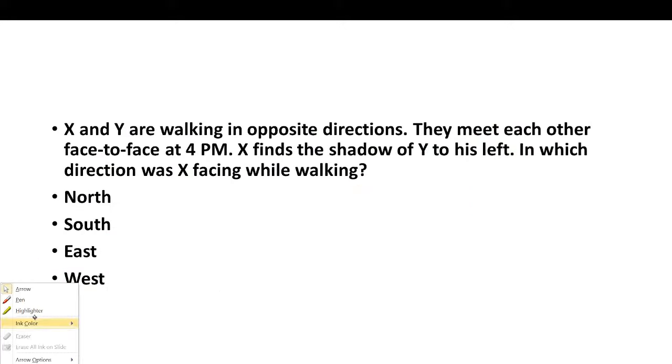Can you answer this one? X and Y are walking in opposite directions. They meet each other face to face at 4 p.m. X finds a shadow of Y to his left. In which direction was X facing while walking?